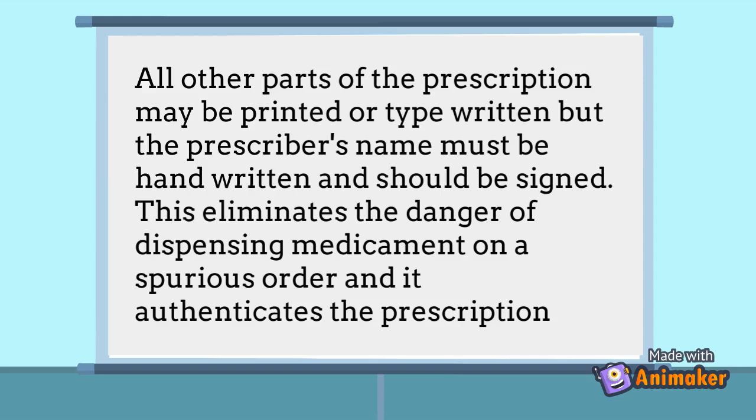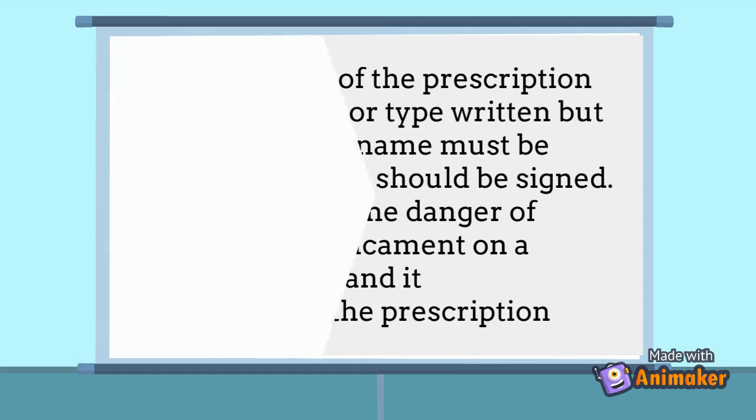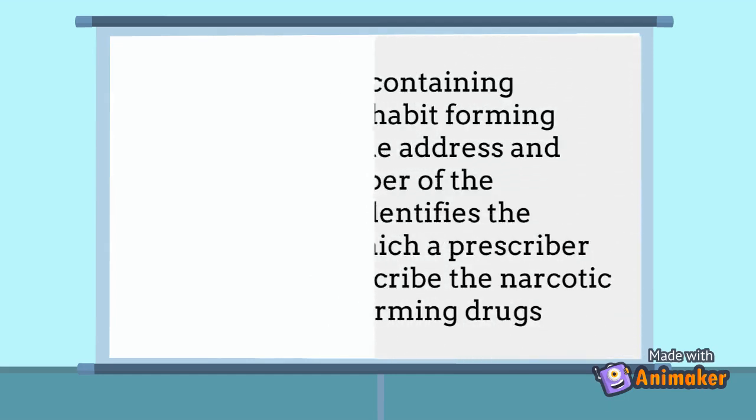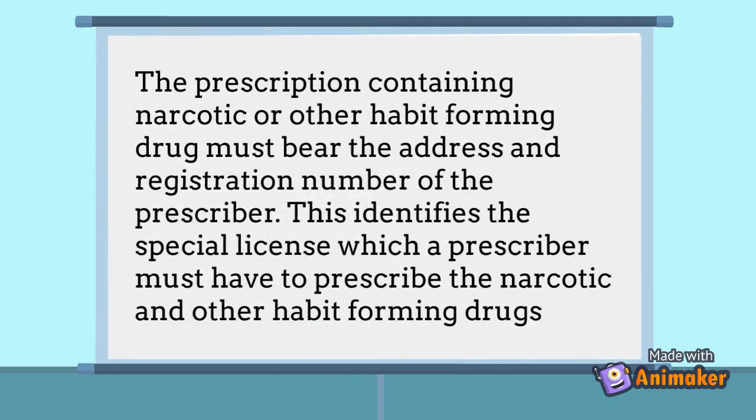This eliminates the danger of dispensing medicament on spurious order, and it authenticates the prescription. The prescription containing narcotic or other habit-forming drugs must bear the address and registration number of the prescriber. This identifies the special license which a prescriber must have to prescribe the narcotic and other habit-forming drug.